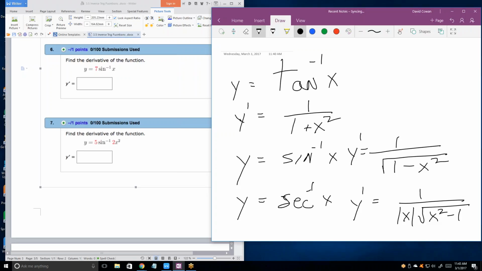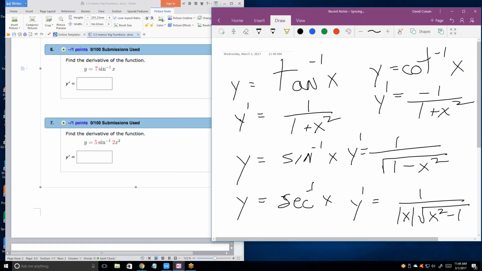Well, when you take the derivatives of those cofunctions, you just get the negative. So if y is cotangent of x, then y prime is negative 1 over 1 plus x squared. In other words, the derivatives of the cofunctions are merely the negatives, much like trig.